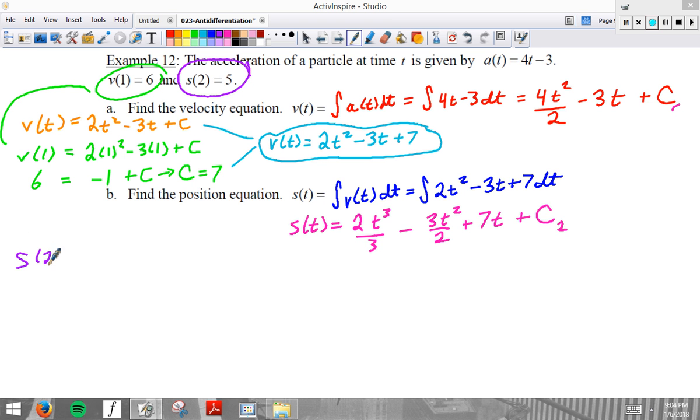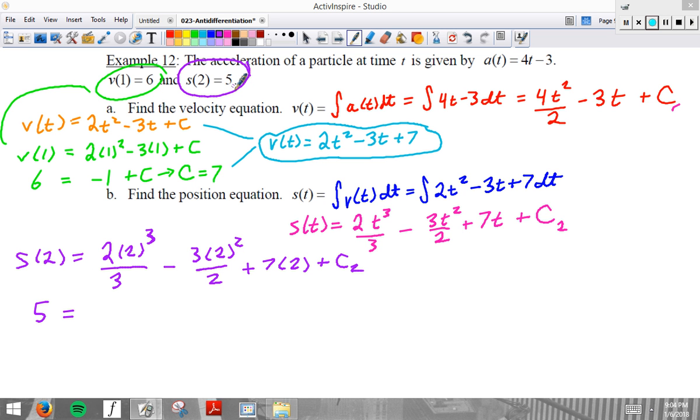Now we're using this initial condition. S of 2 would equal 2 times 2 cubed over 3 minus 3 times 2 squared over 2 plus 7 times 2 plus the second constant. S of 2 is 5. This is 16 over 3.